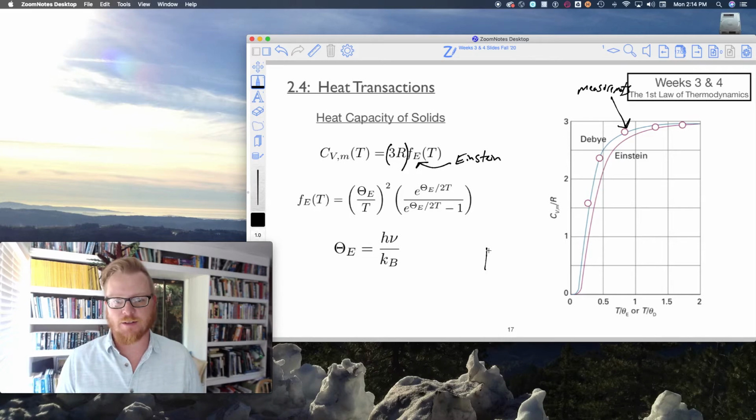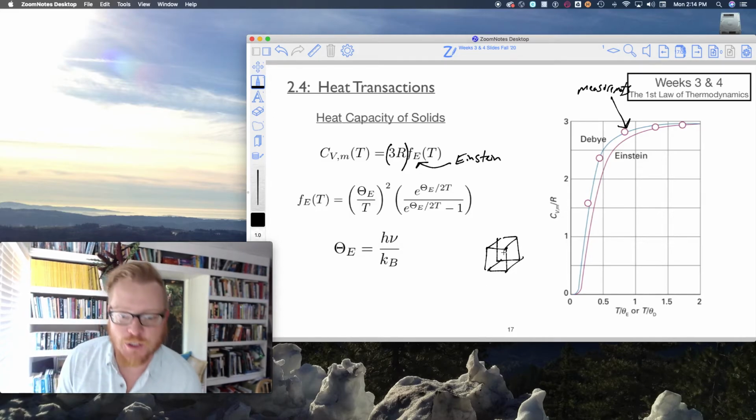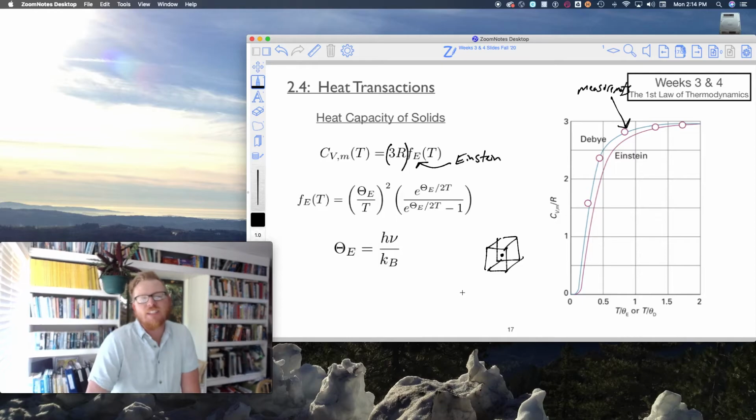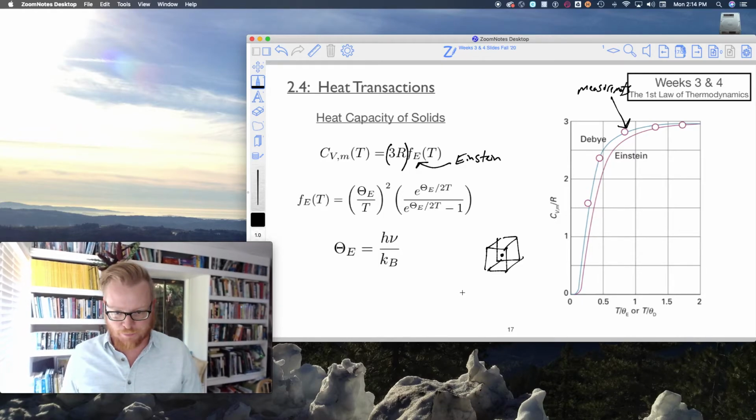So if I have a solid, okay, in some lattice, right? And I'll just put like one little atom or something like that. Suppose we're just talking about something really simple like silver or lead or iron or something, okay? Well, we know in the solid, it's not going to be free to translate. It's not going to be free to rotate.